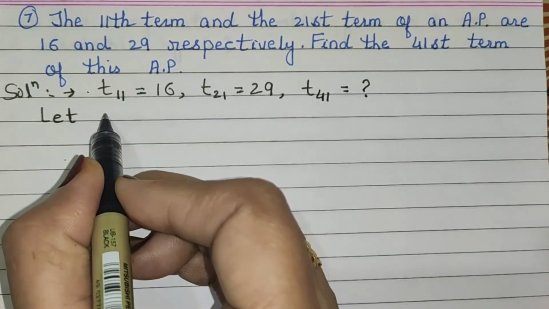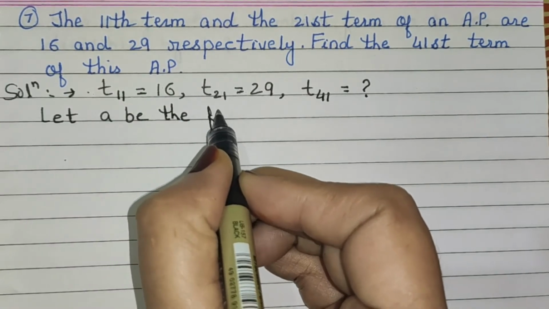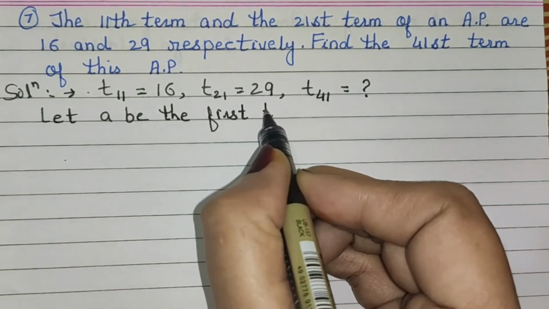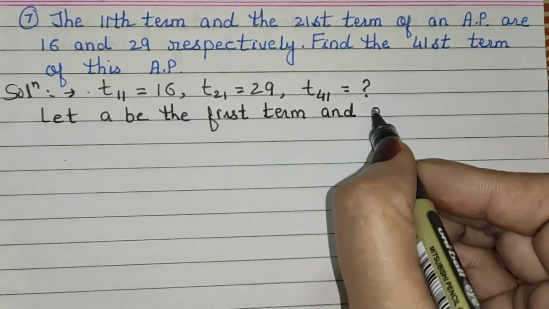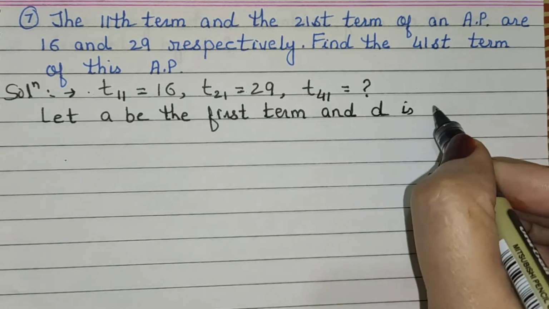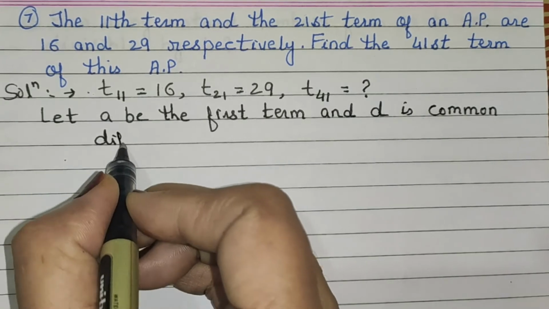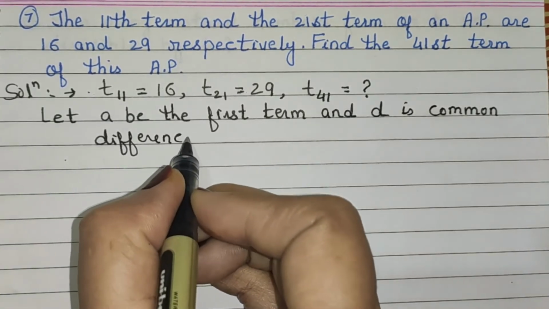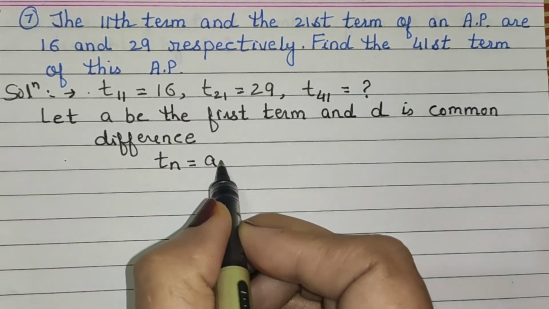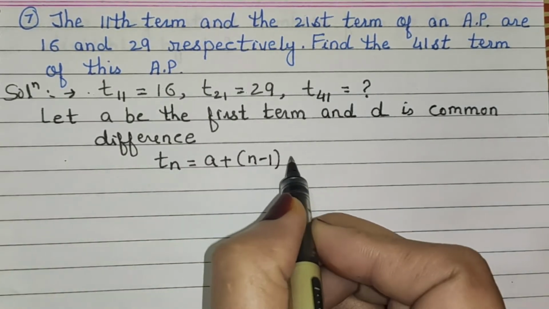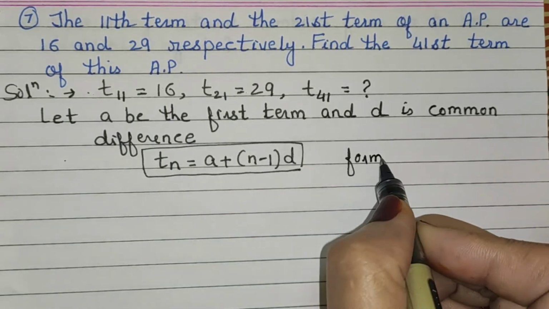Let A be the first term and D is the common difference. Now by using the formula, Tn is equal to A plus n minus 1 into D. It is the formula.